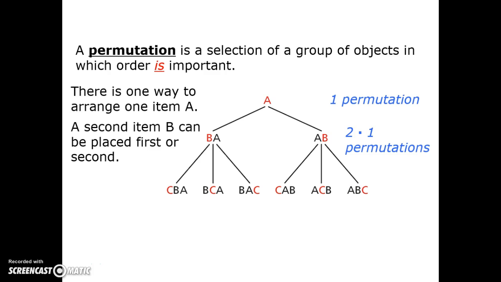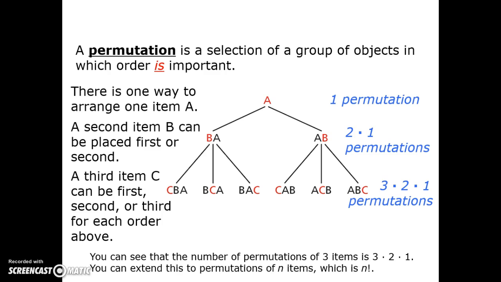But if we add a second item, B, then there are two ways to list it when order matters. BA is different than AB. So when order matters, these are two independent events or groups that we have, and so the permutations are 2 times 1, or there are two permutations.